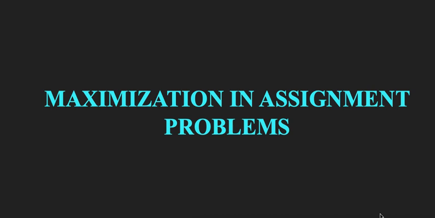From the whole matrix we are going to find out the highest element. Once we find it, we subtract all the elements of that profit matrix from that highest element.